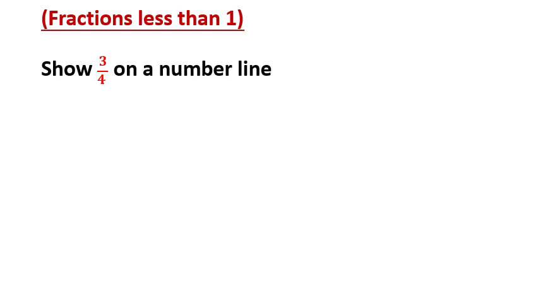So first of all, I will draw a line, okay? And then the beginning and the end of the number line. It starts from 0 and it ends on 1. This is the same for all the questions: you will draw a number line and the number line must start from 0 and end on 1.